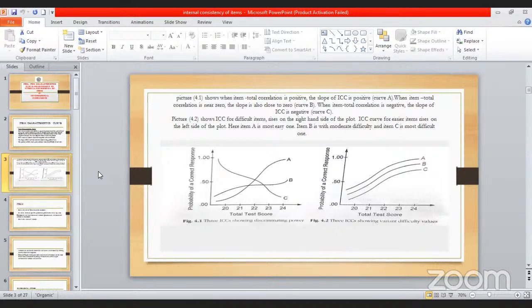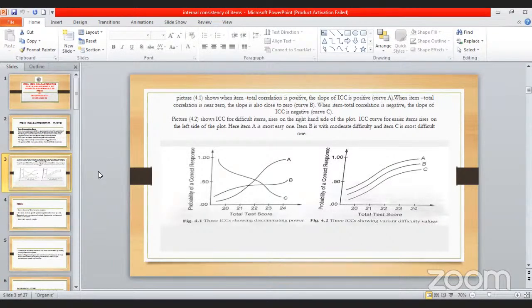And in picture 4.2, you can see the ICC for difficult items. It indicates the positions of the curves. The positions of the curves indicate the difficulty value or the difficulty level of the items. You can see here the ICC curve for easier items that rise from the left side, and the curve for the difficult item rises from the right side of the plot.